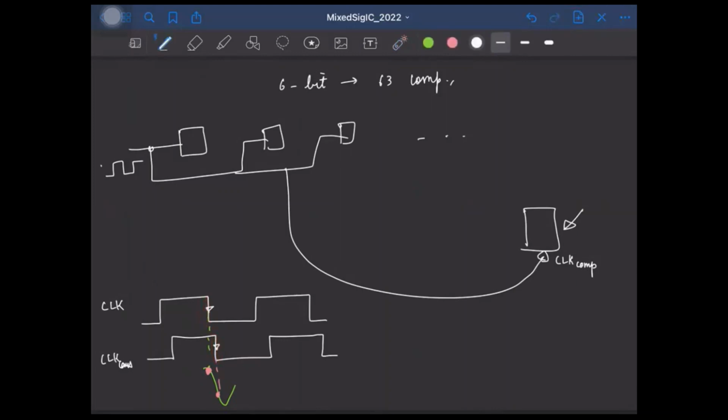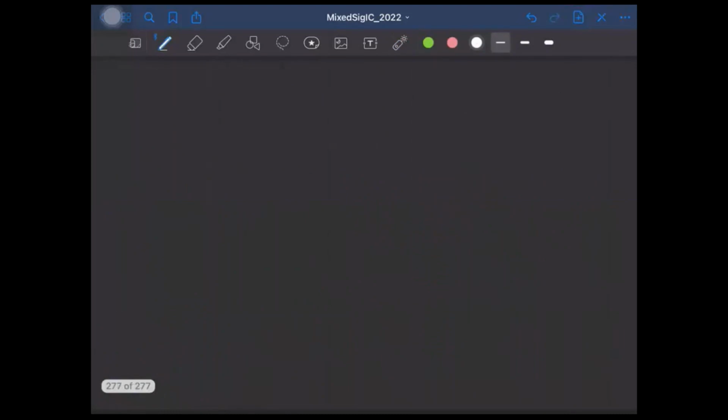So the inputs will be sampled at different times, but if we make sure that the input is held constant by putting a sample and hold or a track and hold upfront, then, if this input is varying, this input will not. This might do something like this.